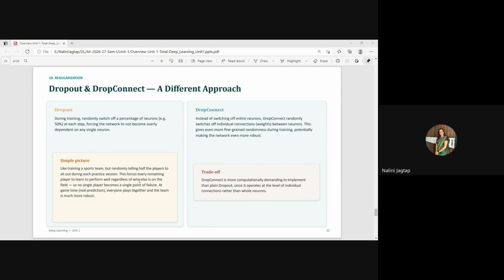This added granularity can in some cases make the resulting network even more robust than plain dropout. But it comes at a real cost, because drop connect operates at the level of individual connections rather than the whole neuron, so it is meaningfully more computationally demanding to implement in practice, right? So this is dropout and drop connect, which is actually the solution for overfitting.